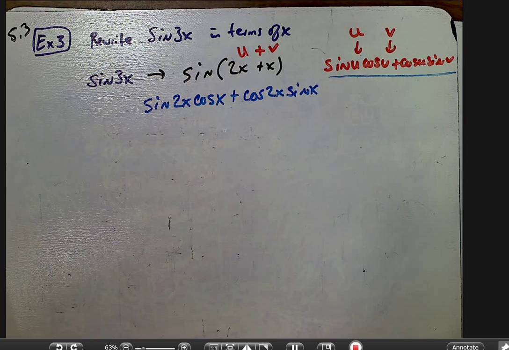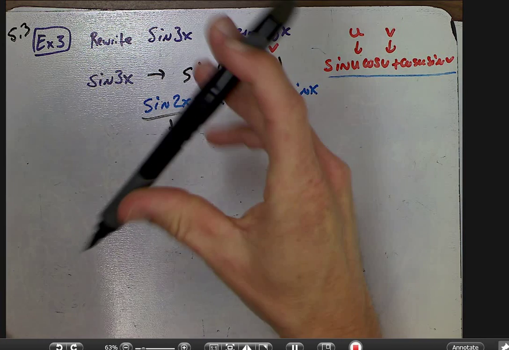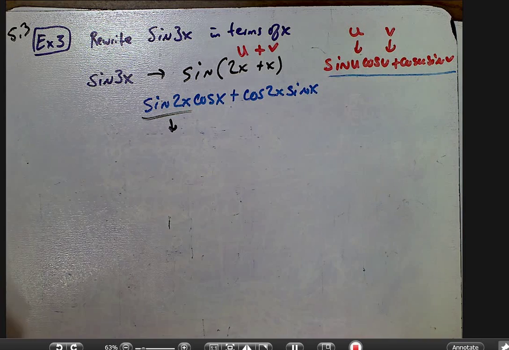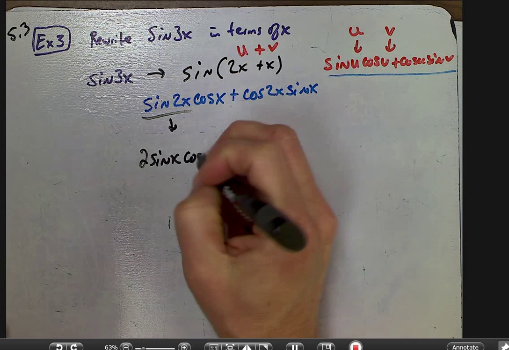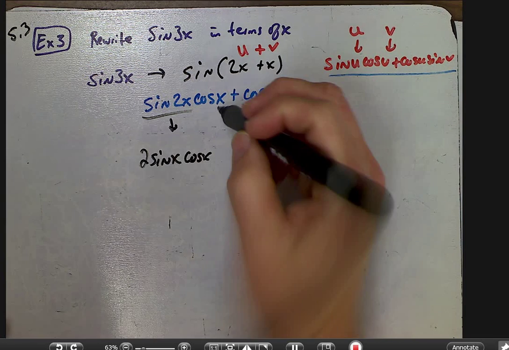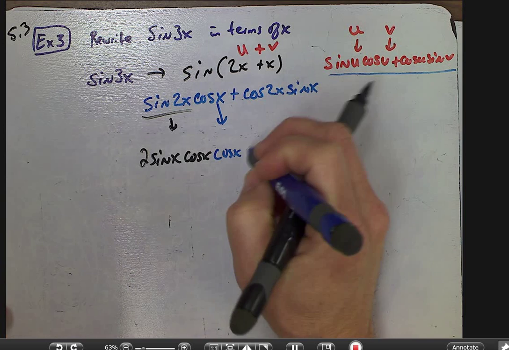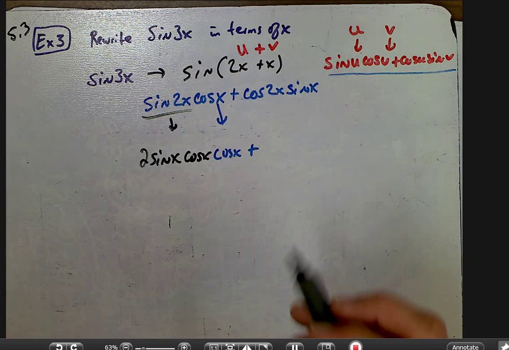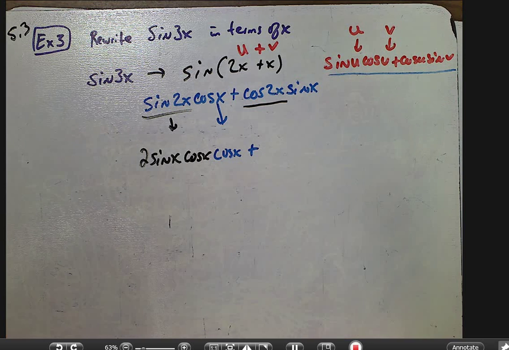Now I know that the sine of 2x I can rewrite as 2 sine x cosine x. The cosine x stays the same, so I'll just keep that in blue to help you tell the difference. Plus, I'll rewrite cosine of 2x, and I'm going to use a different formula for cosine of 2x.